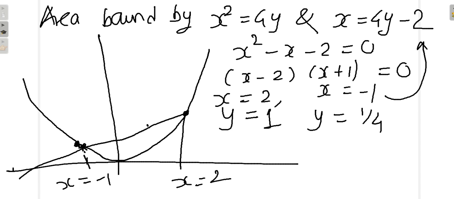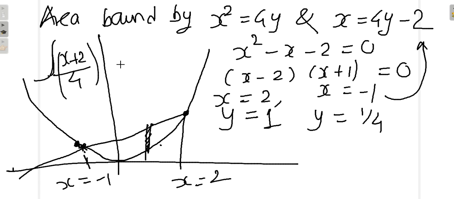Now take a strip in such a way. One line lies on one curve, other lies on the other curve. So it is y dx. What is y for the line? Y for the line is x plus 2 upon 4. And y for this is x square upon 4. So upper minus lower, and limits of integration will be from minus 1 to 2.